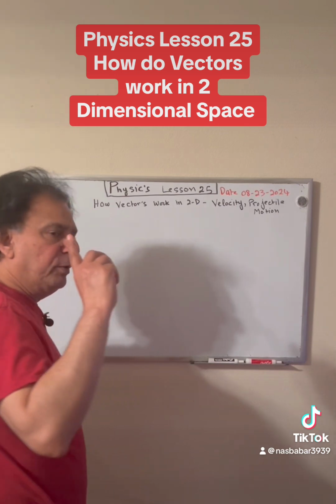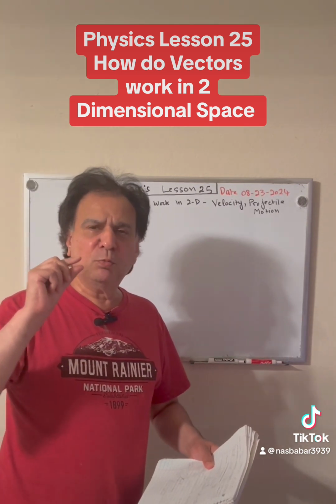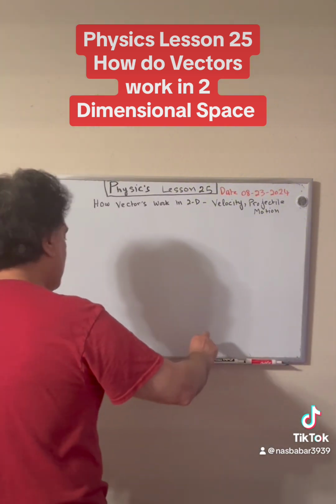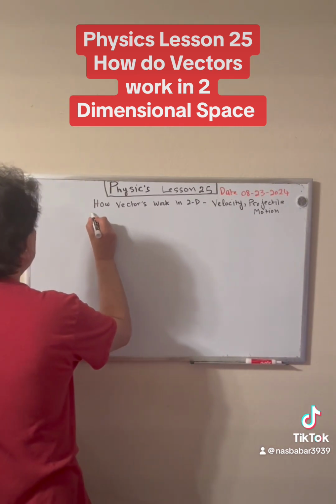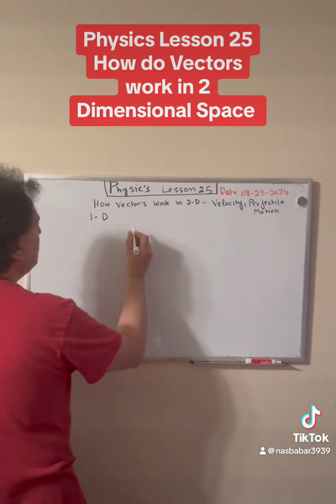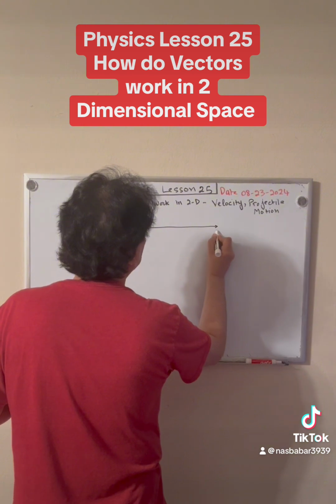Before I dive in, let me do a small recall. We'll call it a trip down memory lane. Just to introduce you to one-dimensional: this right here is your x-axis.